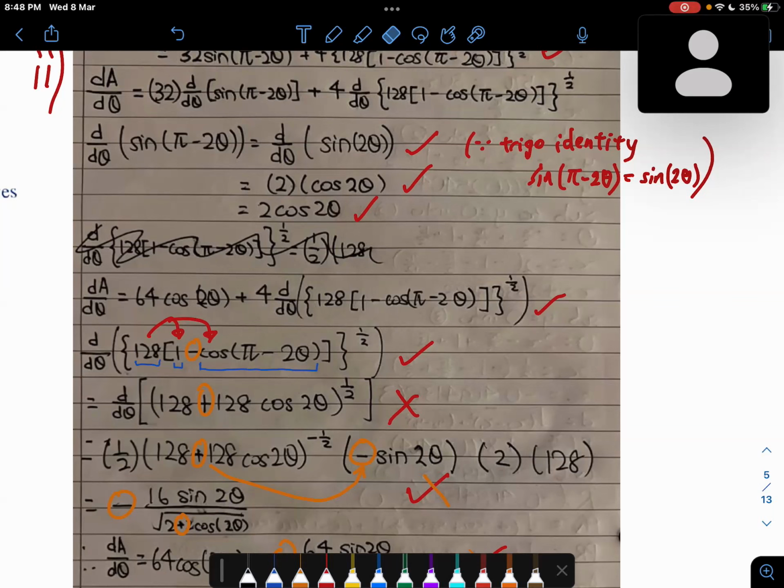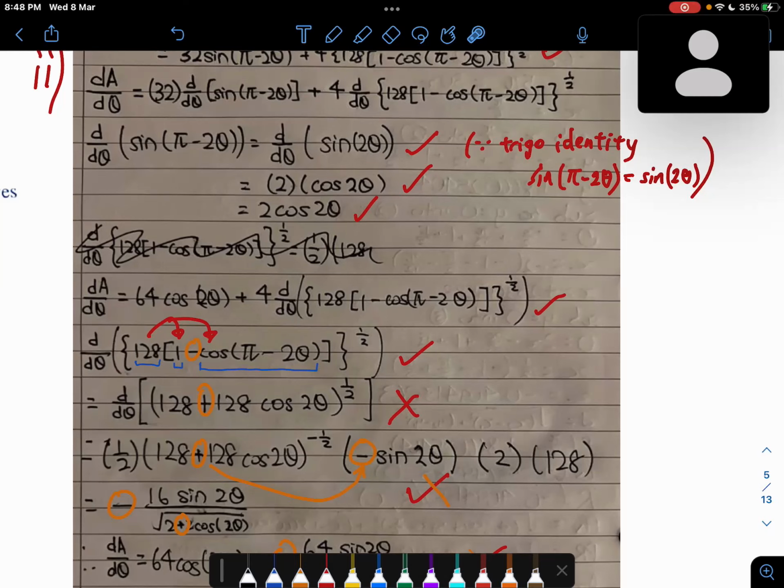This part, what do you do? You multiply the 128 inside the square bracket. Then there's a minus sign here, but it changed to a plus. So it's wrong. Should be a minus. Other than that, it's fine.